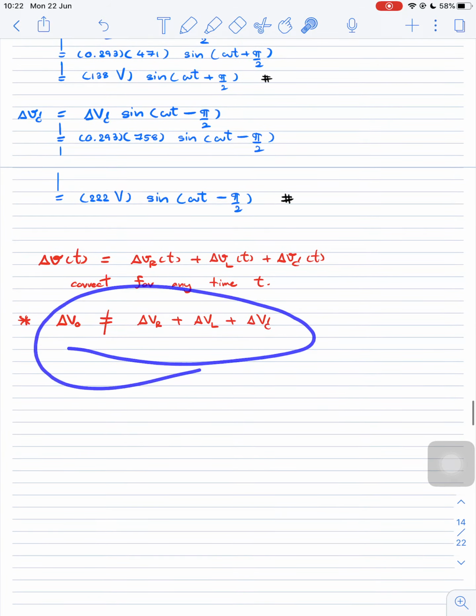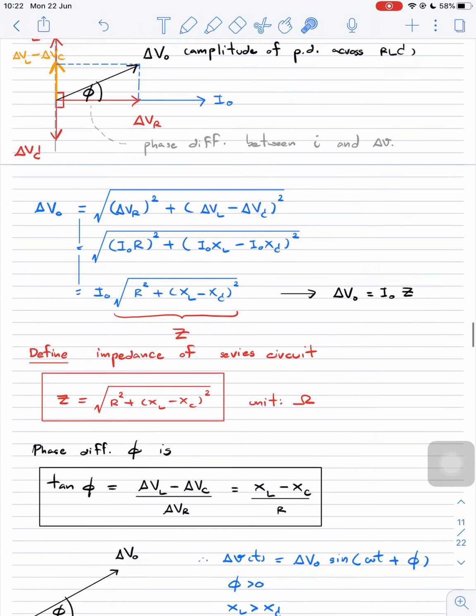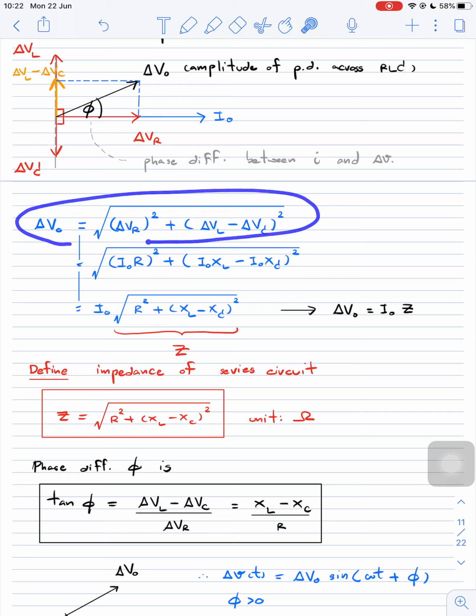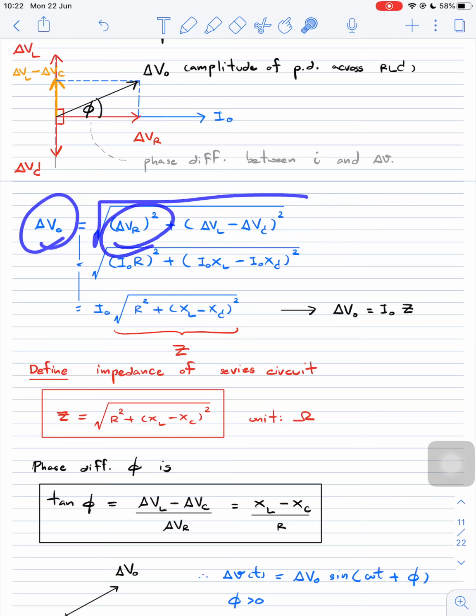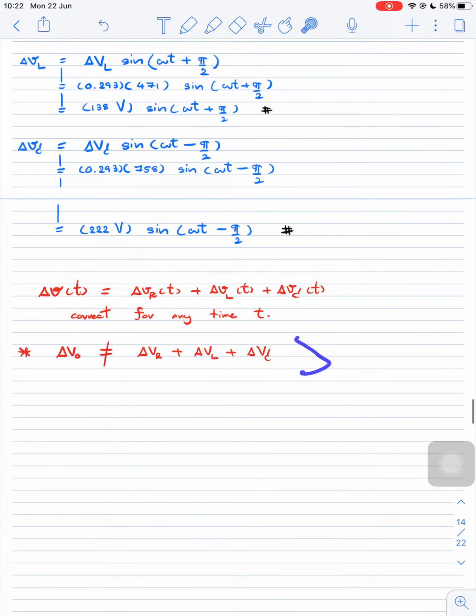Actually, we have this relationship already. If we want to find delta V naught, it's just the square root of delta VR squared plus delta VL minus delta VC, squared. This is the correct relation. This is wrong, so you cannot do something like this.